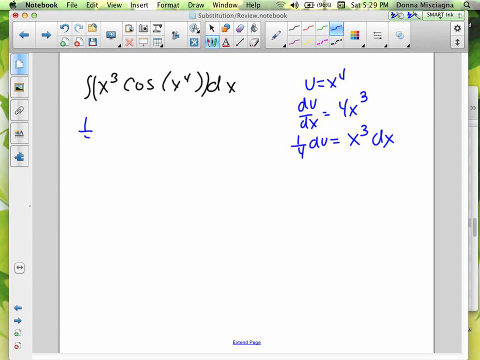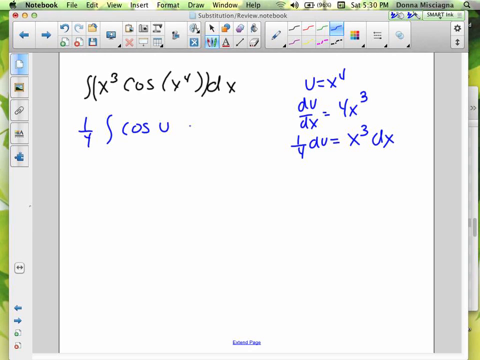So 1/4 integral. And this is just going to be cosine u. Be careful. Don't make the u cosine x to the 4th, or you're not going to be able to do anything with that because you won't have its derivative. But we do have the derivative of x to the 4th. And integrating cosine u is not a problem.